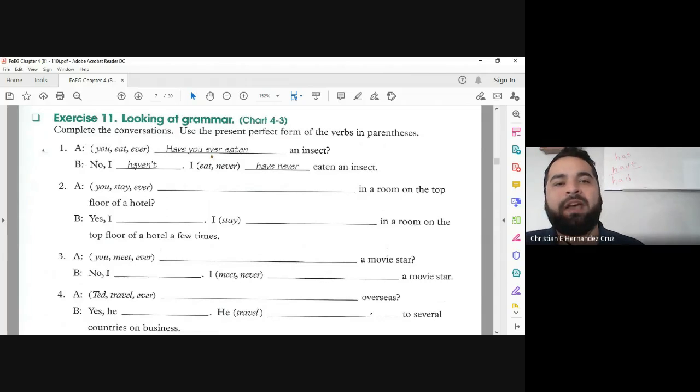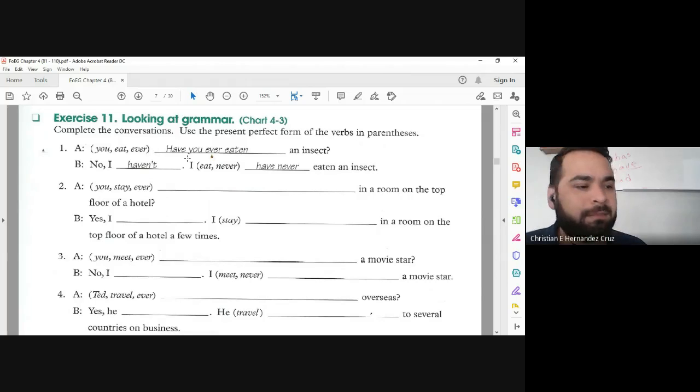So you could say no, I haven't, which would be the short form, and the complete form or the long form, I have never eaten an insect, which isn't exactly true. In Mexico, I tried one of those, a grasshopper, and they taste like dirt. So I don't recommend that.